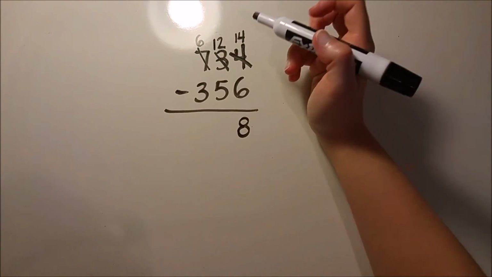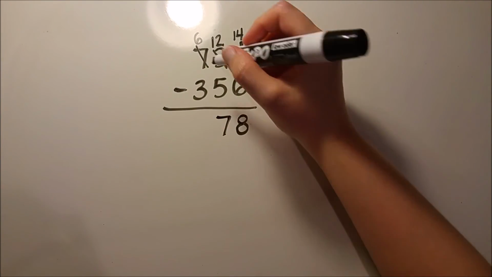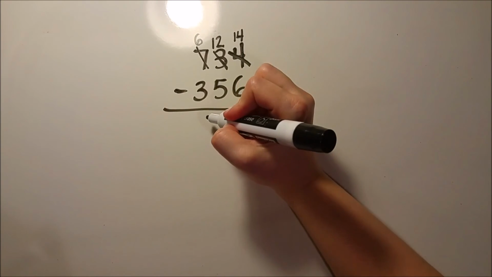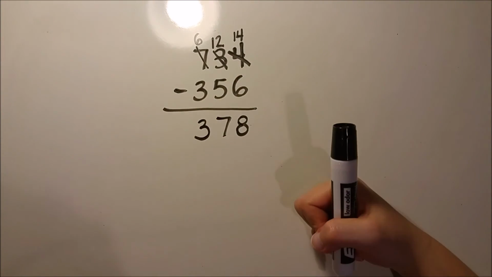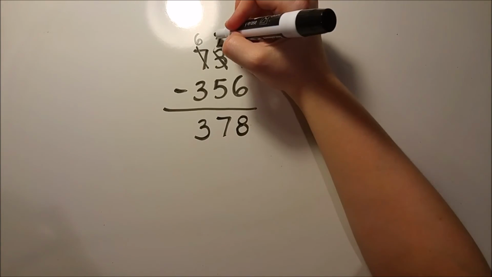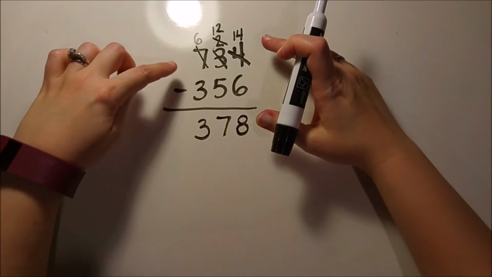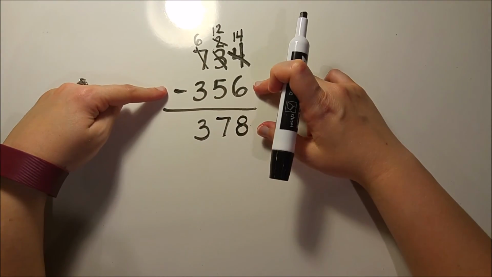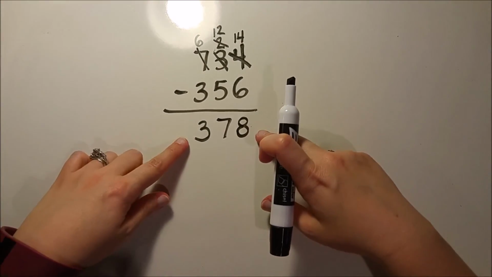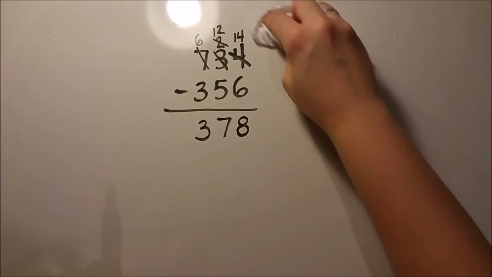Makes it easy. 12 minus 5, we can do that now. And then 6 minus 3. Okay, so again, you can just write it in front, or we could have crossed it out and written the 12. It's the same thing. So 734 minus 356 is 378.